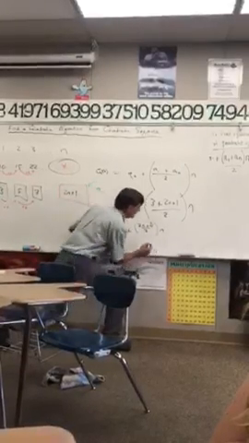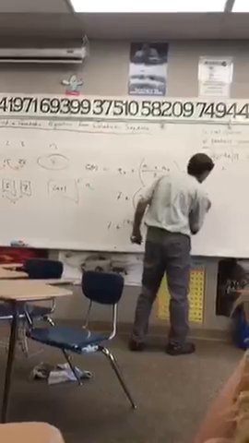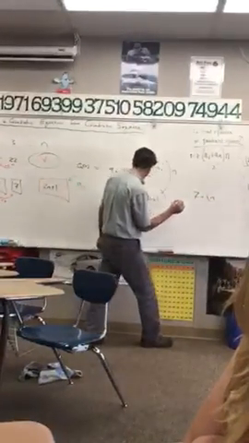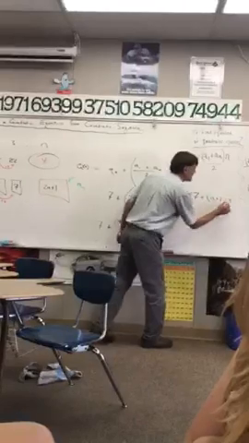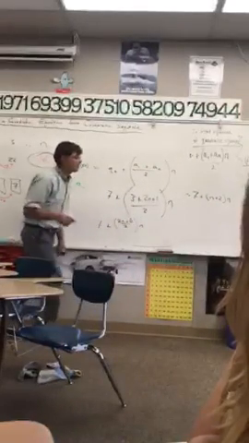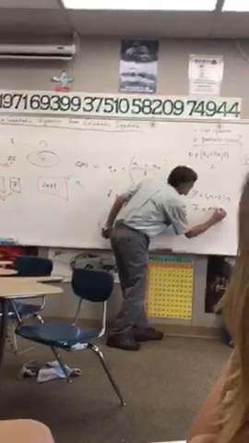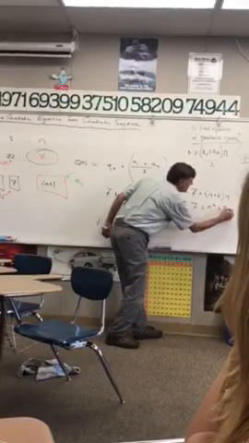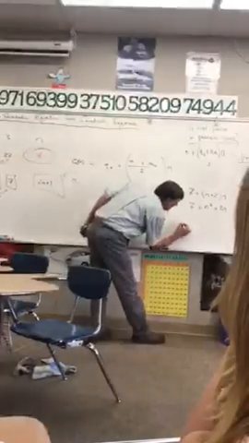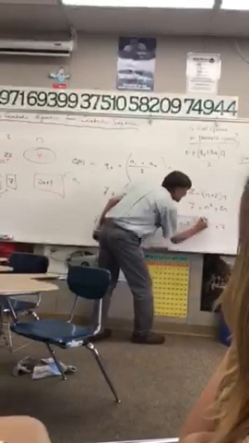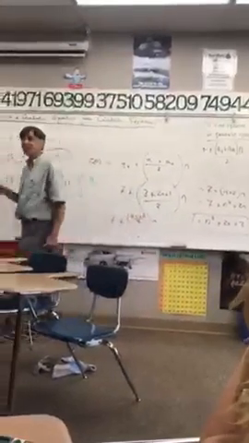So now I'm gonna have 7 plus n plus 2 times n. Am I right so far? Good. Then I'm gonna multiply my n in. I'm gonna get 7 plus n squared plus 2n. I'm gonna rearrange and get n squared plus 2n plus 7. Everybody get that same expression?